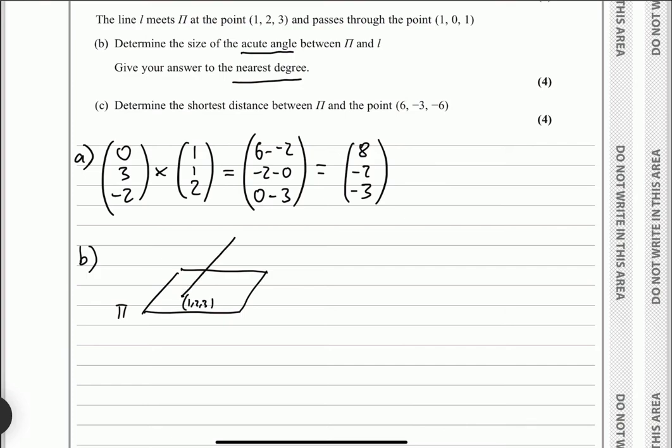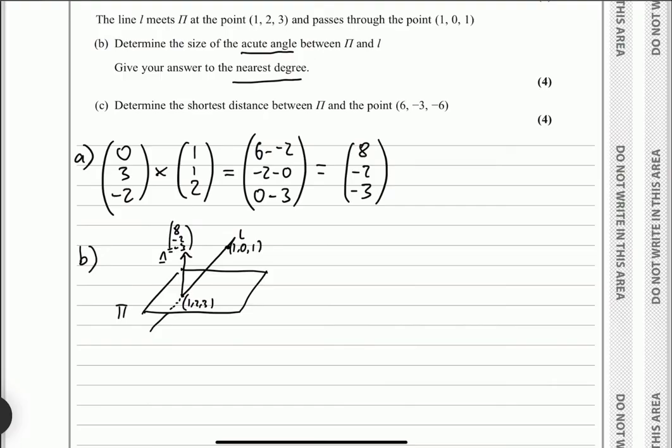Say it looks like this, and that also passes through the point (1, 0, 1), and the normal of the plane here is what we just found in A, that's (8, -2, -3).